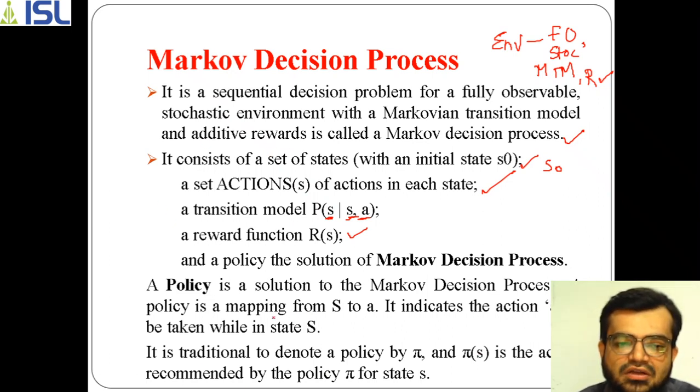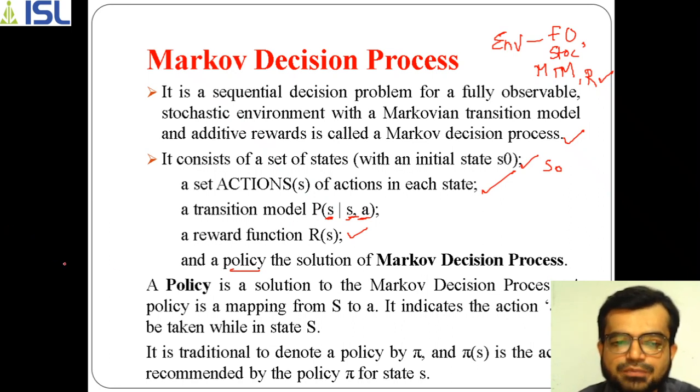So it also contains a policy. What does this policy refer to? Policy is actually a solution to the Markov decision process. This policy maps a state S to an action, indicating what best state has to be chosen for the next step.